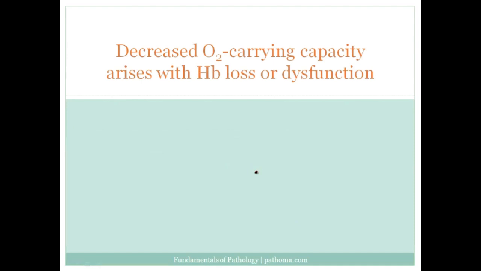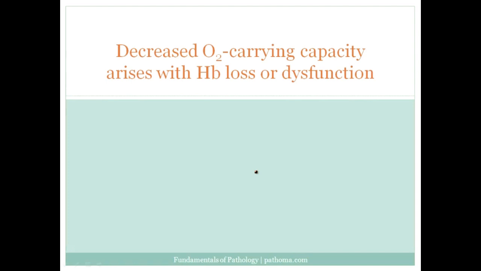A third way by which hypoxia occurs is to have a decreased O2 carrying capacity within the blood. In order to understand this, remember that the dissolved oxygen within the blood enters the red blood cell and then binds hemoglobin. And it's hemoglobin that carries oxygen to the tissues and eventually unloads it at the level of the tissues.